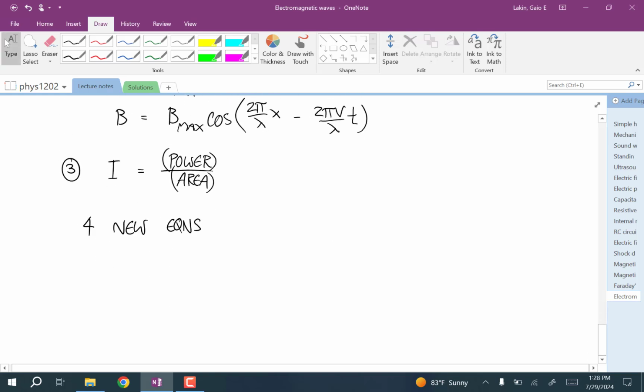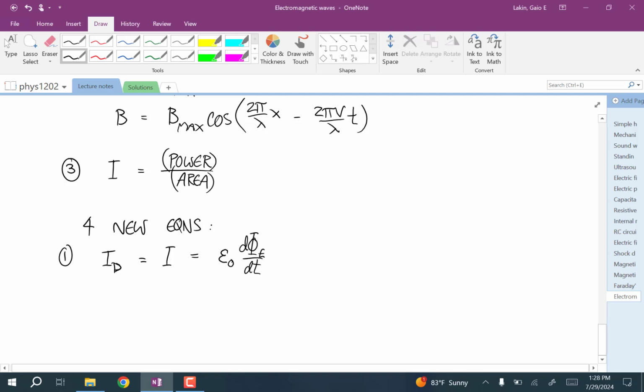Let's see. So the first one is the one that I already introduced. That is for the displacement current. And remember that the displacement current, when you're dealing with a capacitor, is just the regular current going to the plates of the capacitor. And its definition is epsilon sub 0 times the derivative with respect to time of the electric flux.